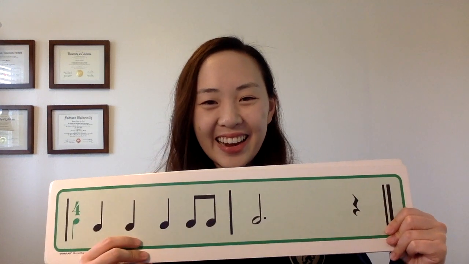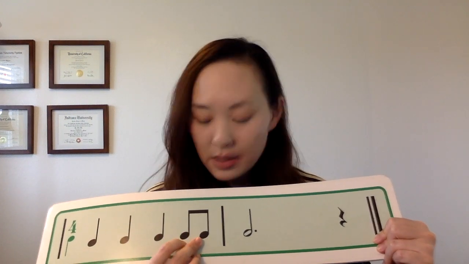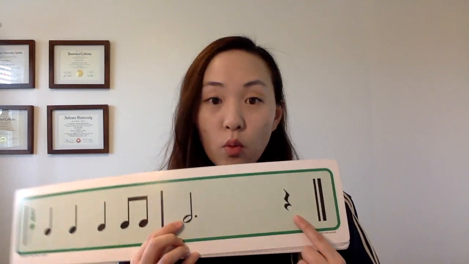Okay, great. So remember, we have a quarter note, we have 2 eighth notes, ti ti. We have a dotted half note, that's 3 beats. We have 1 quarter rest, which is 1 beat of rest. And we have the half note, which is 2 beats.